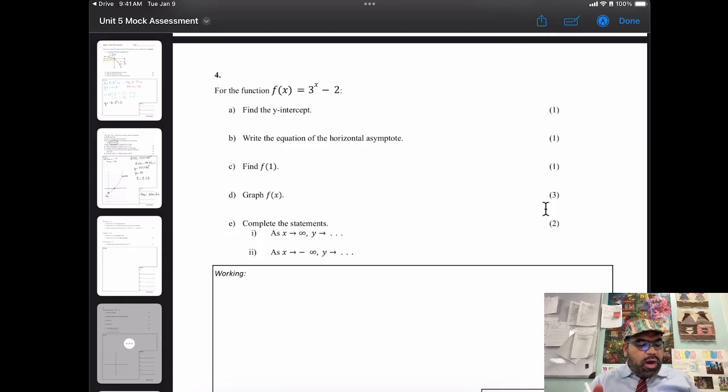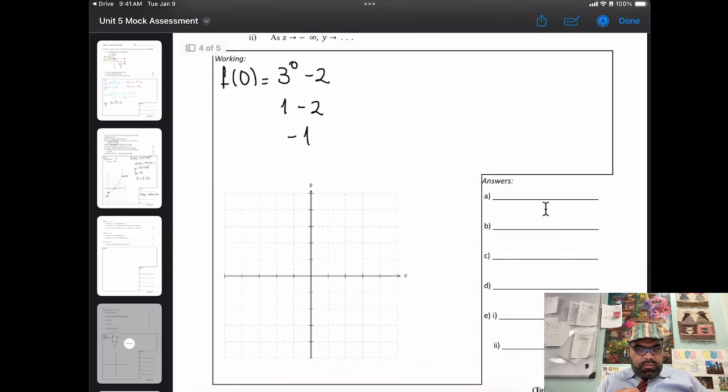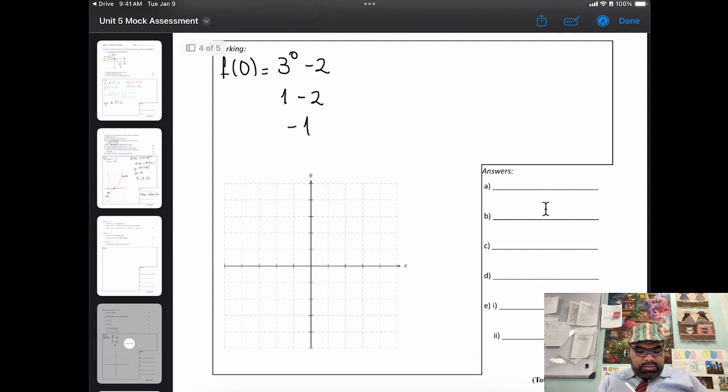To find the y-intercept, it means when x equals 0. f of 0 equals 3 to the 0 power minus 2. Anything to the 0 power is 1, the zero power rule we learned. 1 minus 2 is negative 1. Then we know when x equals 0, y equals negative 1.